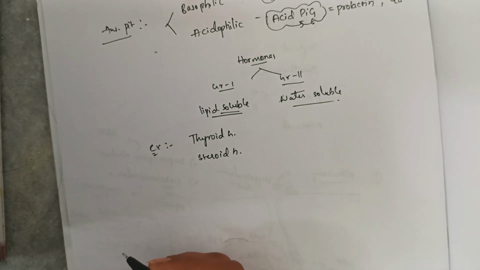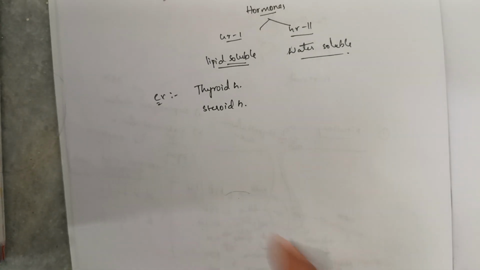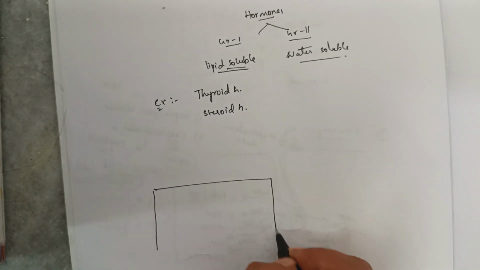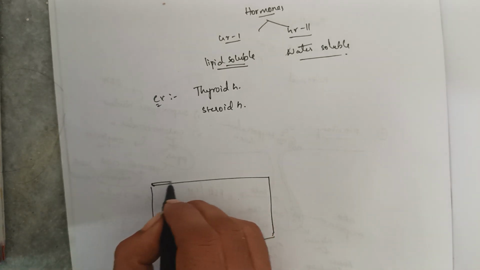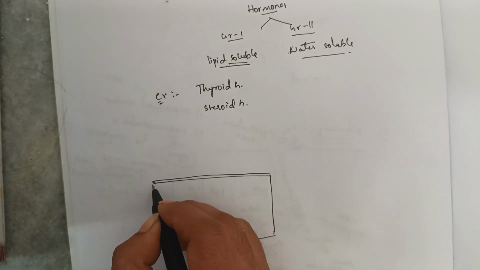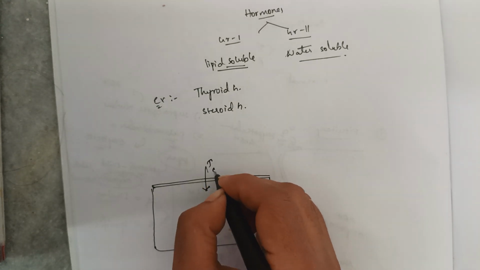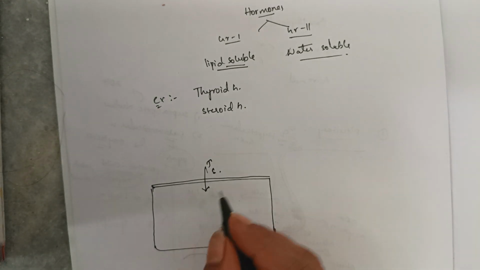Why are they lipid soluble? Because if this is a cell, this is the lipid layer, the cell membrane has a lipid layer. So thyroid hormones and steroid hormones can easily enter the cell.